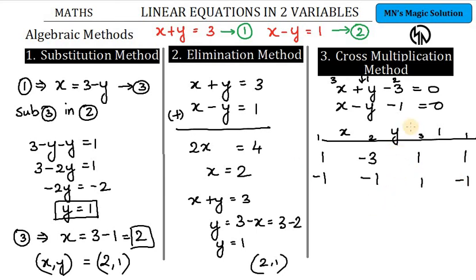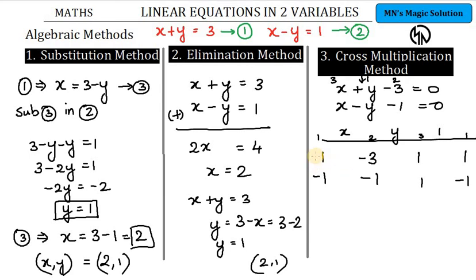So again, to be clear, on both sides of this x we write the coefficients of y and the constant values. See, y's coefficient and constant, that is 1 and 2, have we written? On both sides of y we take x and the constant. So 2 is the constant and 3 is x's coefficient. Again, on both sides of the constant we write the coefficients of x and y. See, for constant 1, on this left side 3, which is x's coefficient, and here y's coefficient.